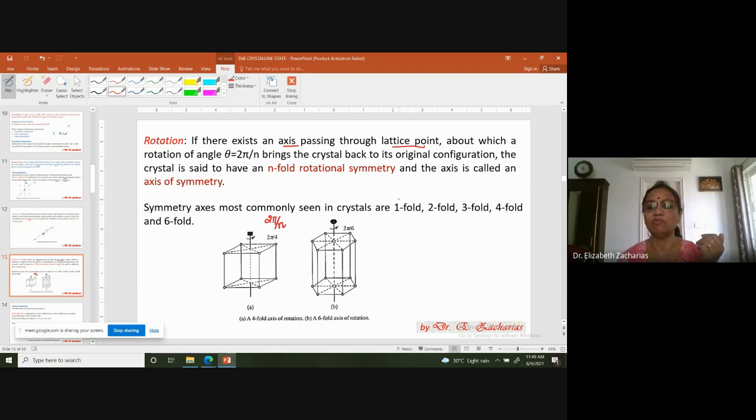Look at this. 5 will never bring the crystal to its undisturbed position.